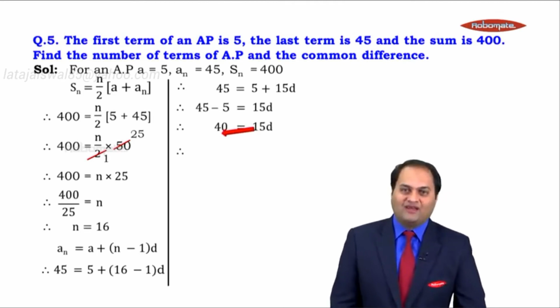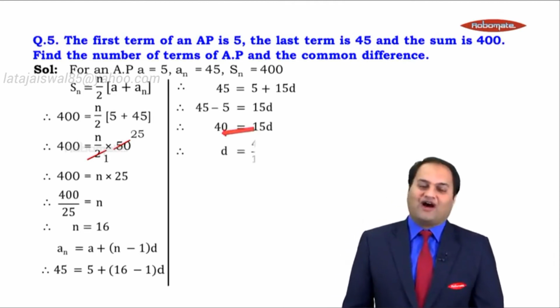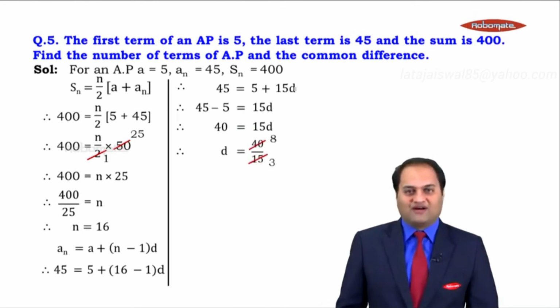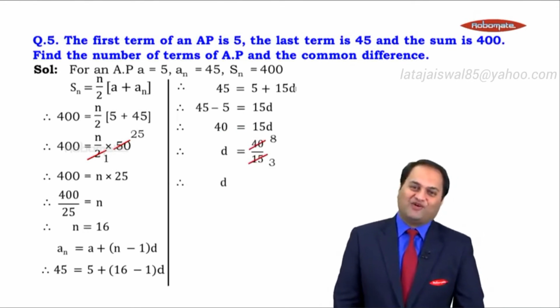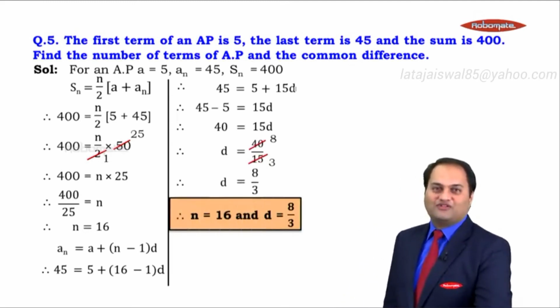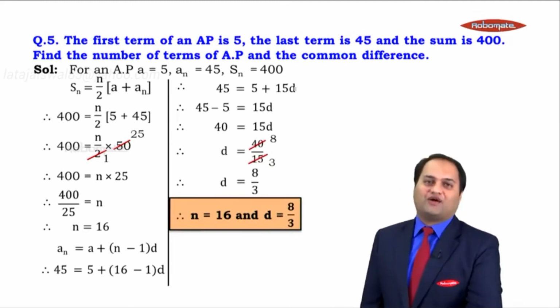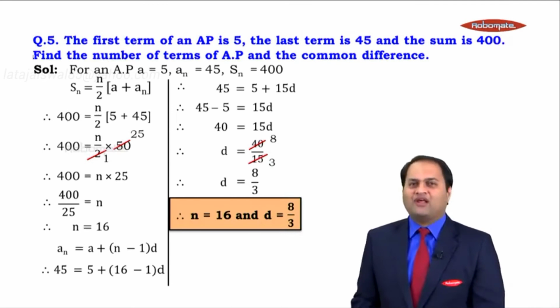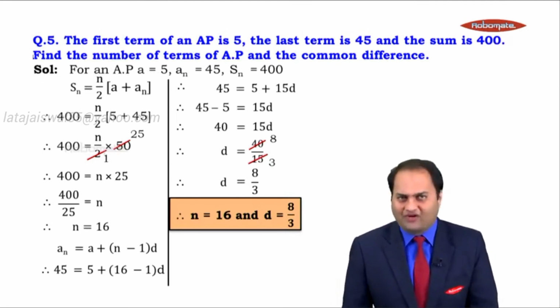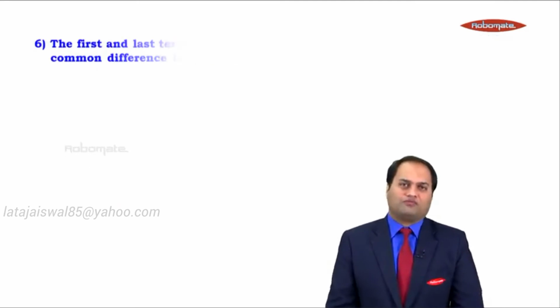You get D is equal to 40 upon 15. 5 8s are 40, 5 3s are 15. You get D is equal to 8 upon 3. So the answer is N is equal to 16 and D is equal to 8 upon 3. Very, very simple, right? You just need to sit and think which formula to use first. That's it, right? Let's move on to the next sum.